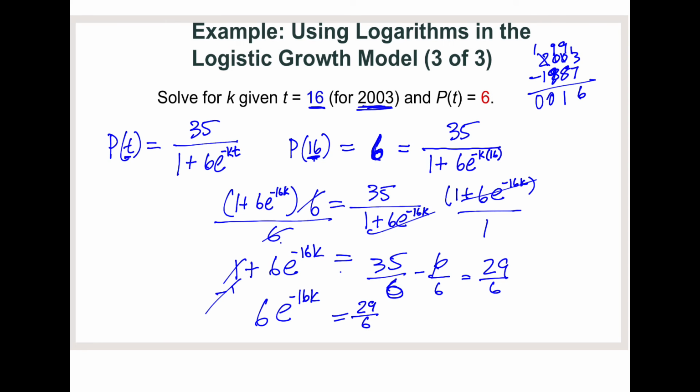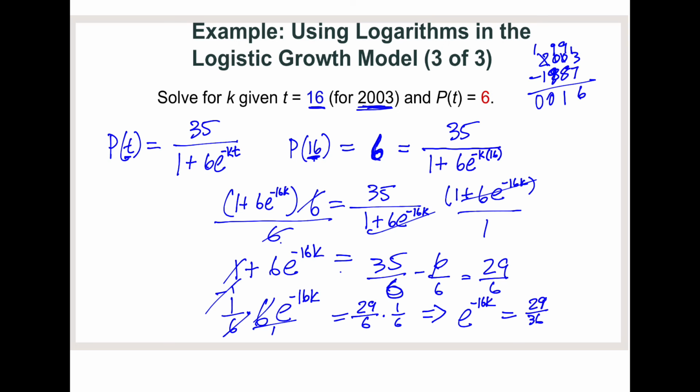And if I want to get rid of this 6, we can divide both sides by 6 again or multiply by 1/6, same thing. And so this gives me, let's rewrite the whole thing here, e to the minus 16k equals 29 over 36.